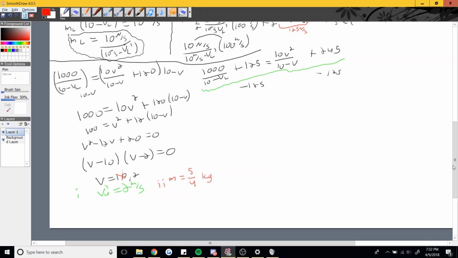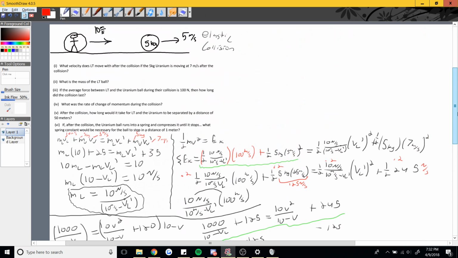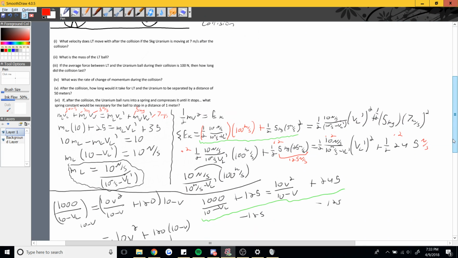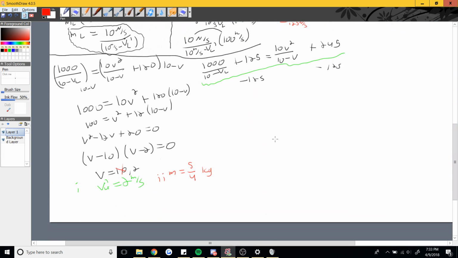And so why don't we go ahead and move on? What else are we being asked for? We're also being asked, if the average force between LT and little Timmy and the uranium ball during the collision is 100 newtons, then how long does the collision last? Well, let's draw a swift little line right here.